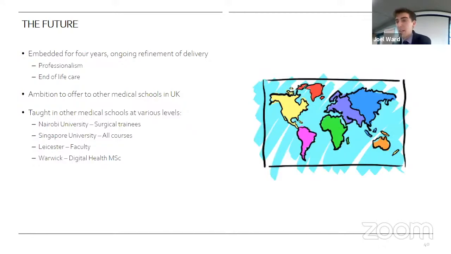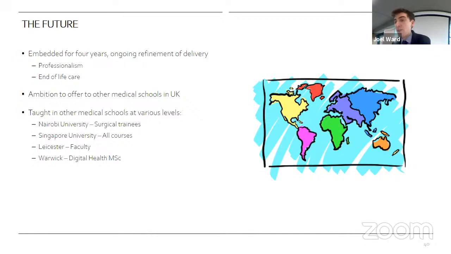It's been a fantastic first 4 years. We've embedded it in several parts of the syllabus. As mentioned, the surgical aspects have been very successful, and we've thus expanded it into professionalism, where it's in line with the GMC guidance, which the collaborating centre helps with, and also end-of-life care, which is something which we've published on as a centre as well.